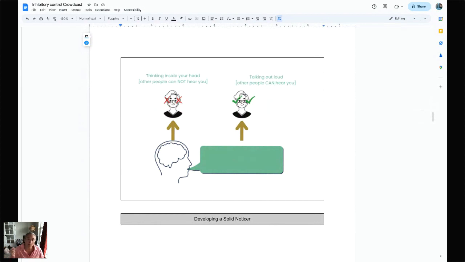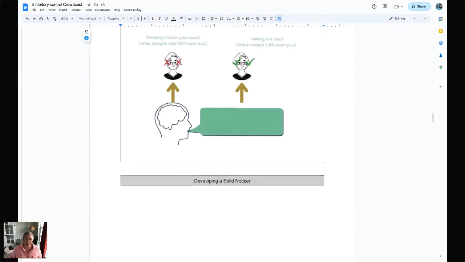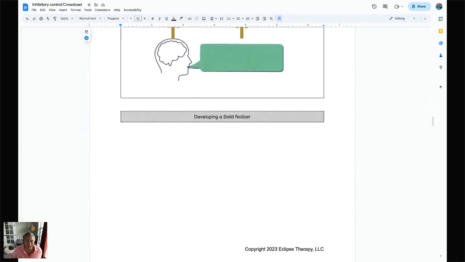So the more we can work on talking out loud so that we can hear what you are responding to in the environment, what about this is hard, that can be a huge launching point to inhibitory control, because sometimes we're making guesses and we've got no idea. Then we get a kiddo talking out loud and we're like, oh wow, really? That wasn't at all what we were thinking.